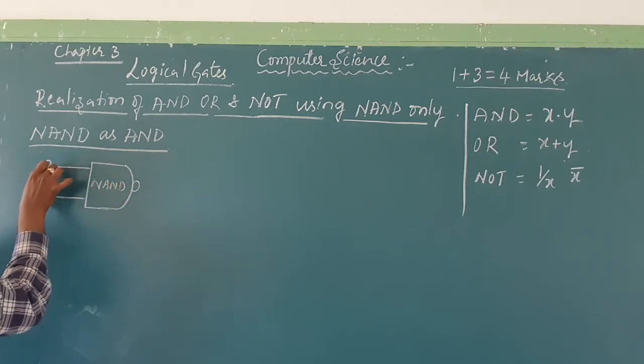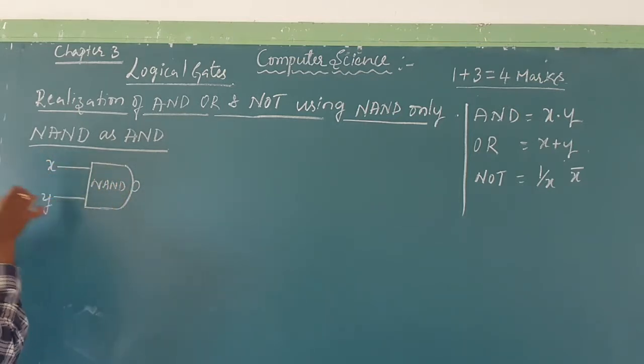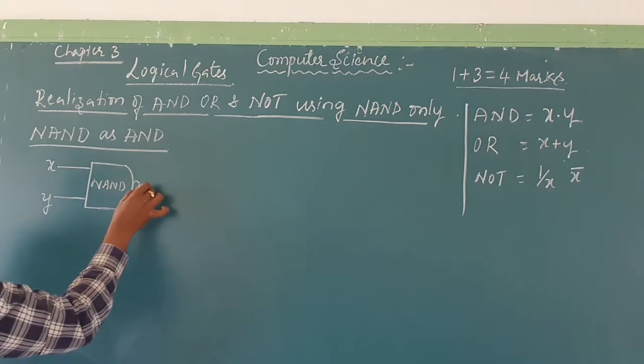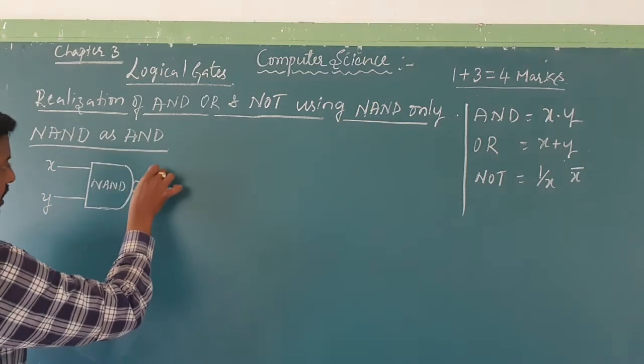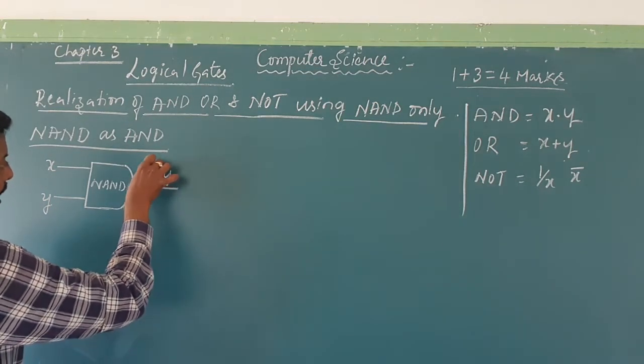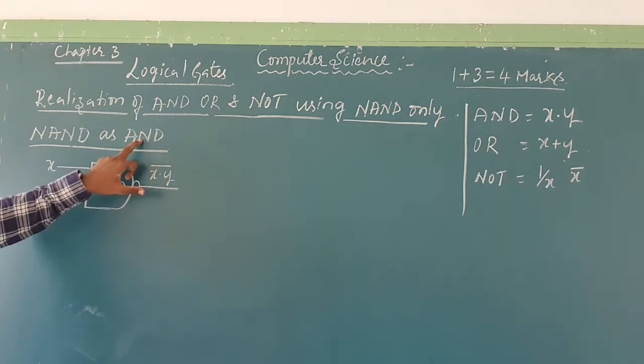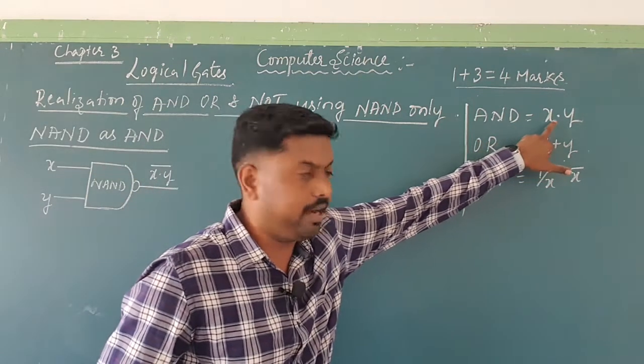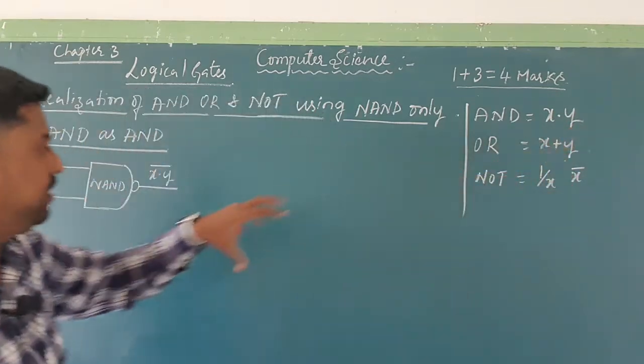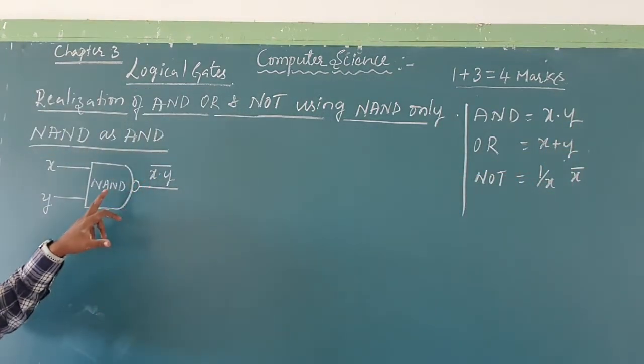I give the 2 inputs x and y, and the result of this gate is x into y whole bar. But now I need the result for the AND gate, that is, x into y. How do we write this x into y with the help of this NAND gate?